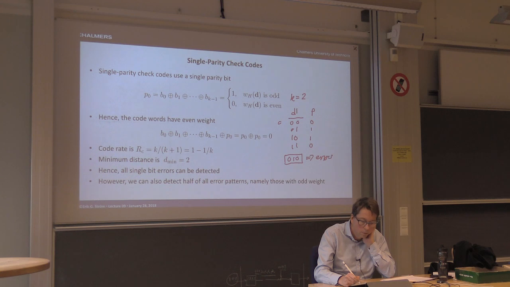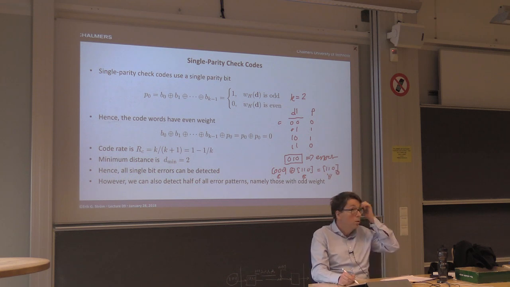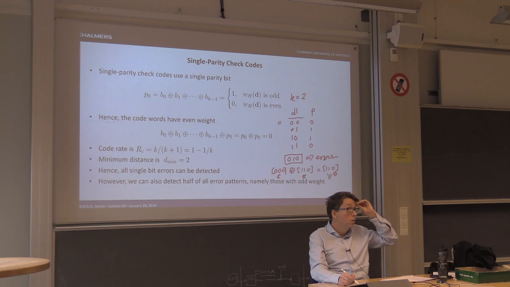But suppose we transmitted 0 0 0, and then we add on the error 1 1 0 to this. Then we get 1 1 0. So this is C plus E, and this is equal to Y. When we see 1 1 0, do we declare an error or not?